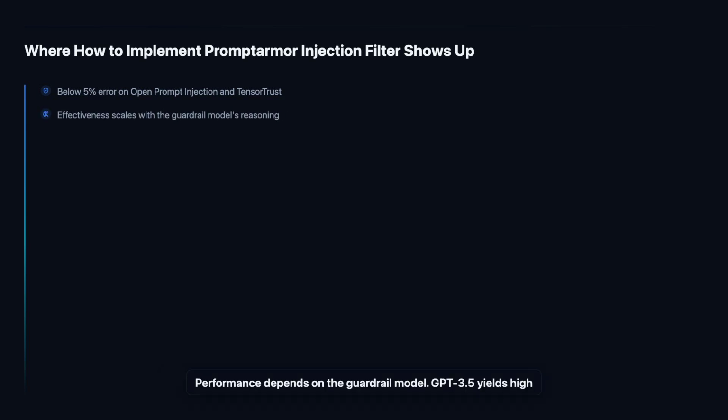Performance depends on the guardrail model. GPT 3.5 yields high false negatives, while GPT 4o and GPT 4.1 perform far better. Choosing a stronger reasoning model directly improves detection quality.